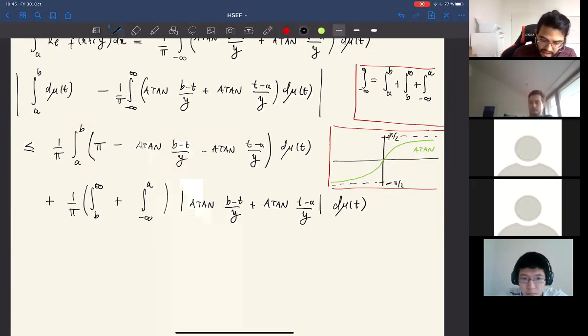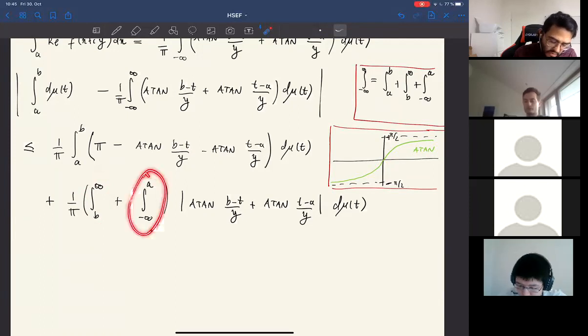In these integrals at the bottom, they're basically the same. The treatment for this integral from b to infinity would be more or less the same as in here. So I will only show that one of these goes to 0, and the other you could do easily.